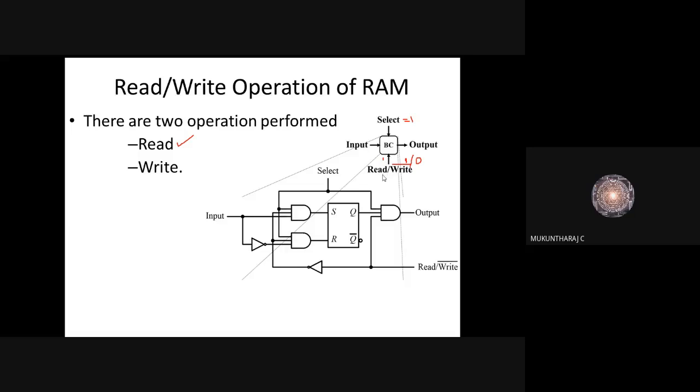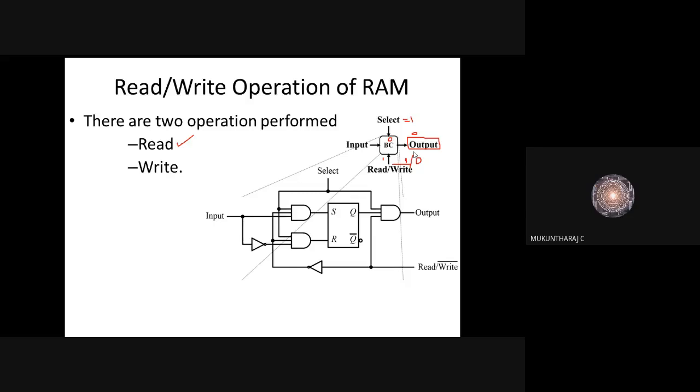So the select line is logic 1 and the control line is logic 1. Then you can read the data from this memory cell, that is the binary cell, and it will be available on the output line. For example, if logic 0 is stored in this binary cell, then logic 0 will be available on the output line when you are reading the data.